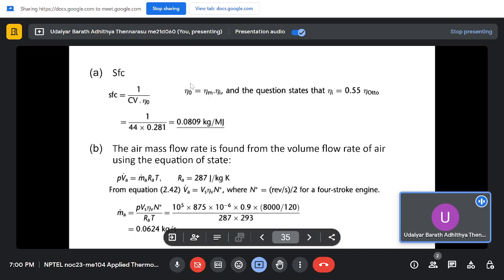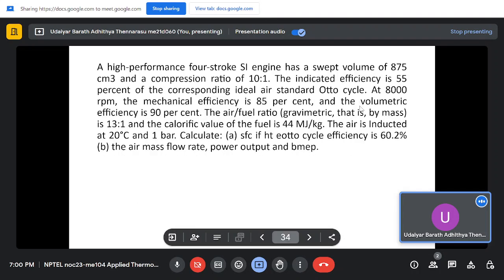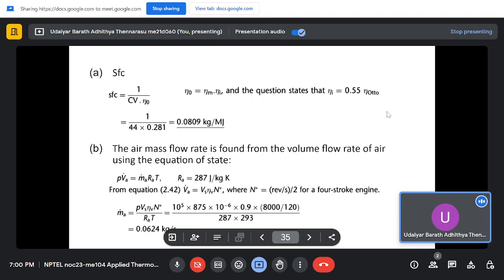Because we don't know directly the overall efficiency or the thermal efficiency, we have been given mechanical efficiency and indicated efficiency, but they say indicated efficiency is 55% of the Otto efficiency. So Otto efficiency in the question is 60.2%. On substituting this, we can find out indicated efficiency. We substitute indicated efficiency and we know mechanical efficiency is 85%, 0.85.